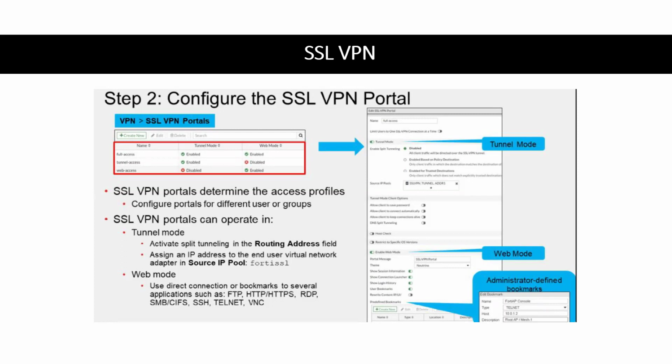It's recommended, though you don't have to do it, to configure a range or pool of addresses for SSLVPN users and set it as the source IP pool in your portal, because this is what your end users are going to get whenever they connect and have a successful connection.